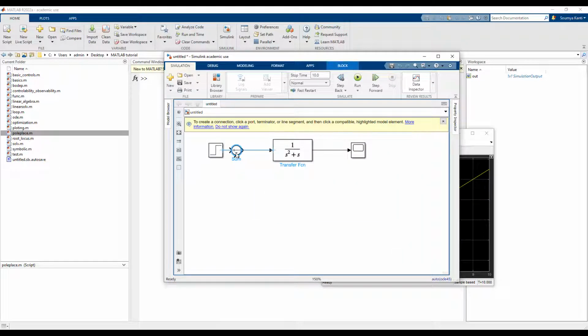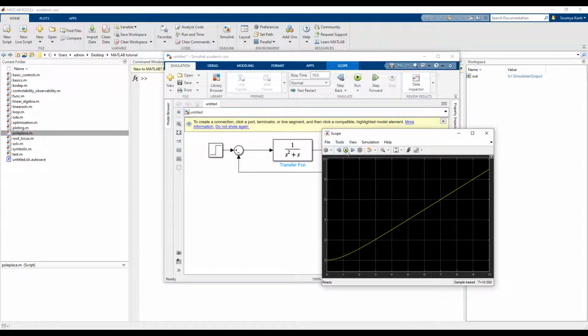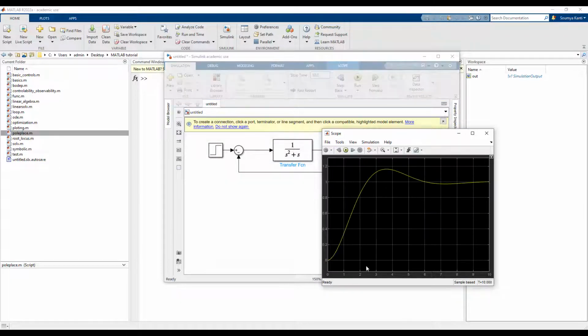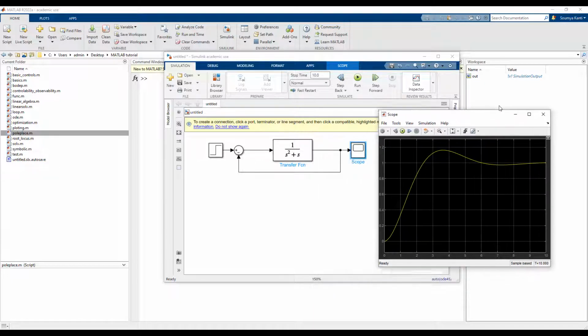If I drop it in between, it will not do anything, so I'll just delete the line, connect this to this, this to this, and I connect the output to this. And if I now see the scope, this is the response of the system. You can see it is much different than the normal one.